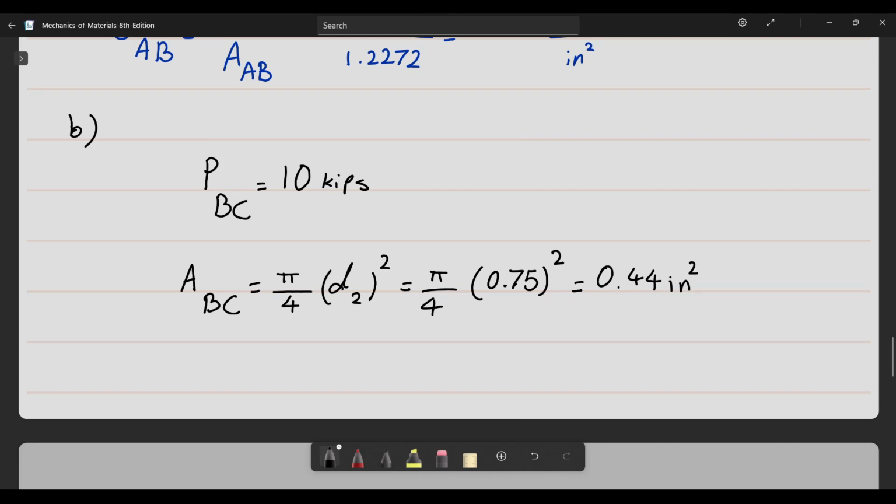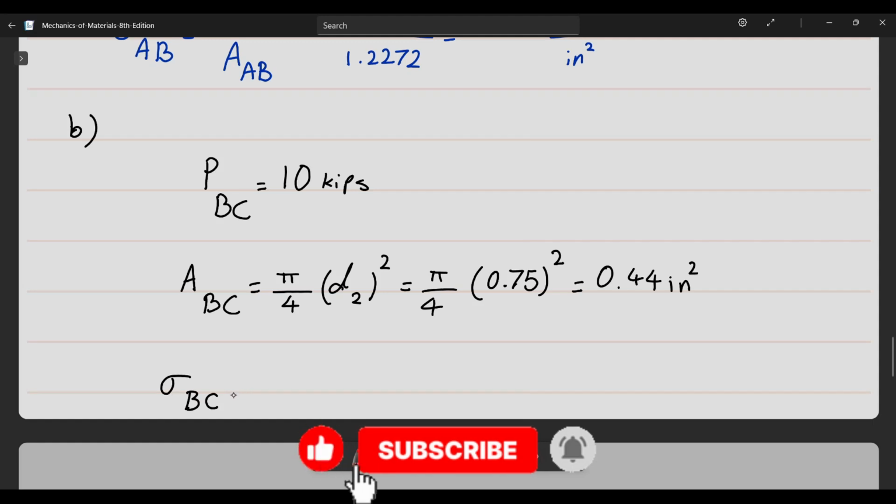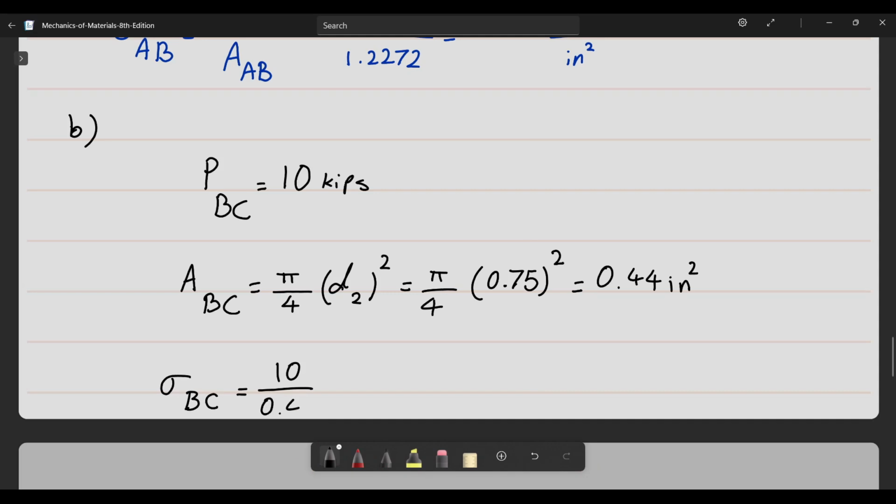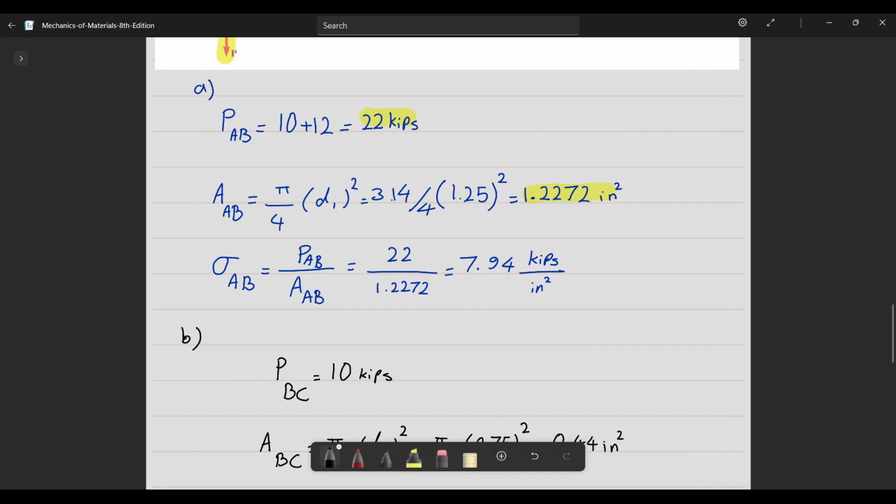We divide the load by this area, and finally the stress for rod BC is approximately 22.64 kips per square inch. I hope you have learned this problem as well.